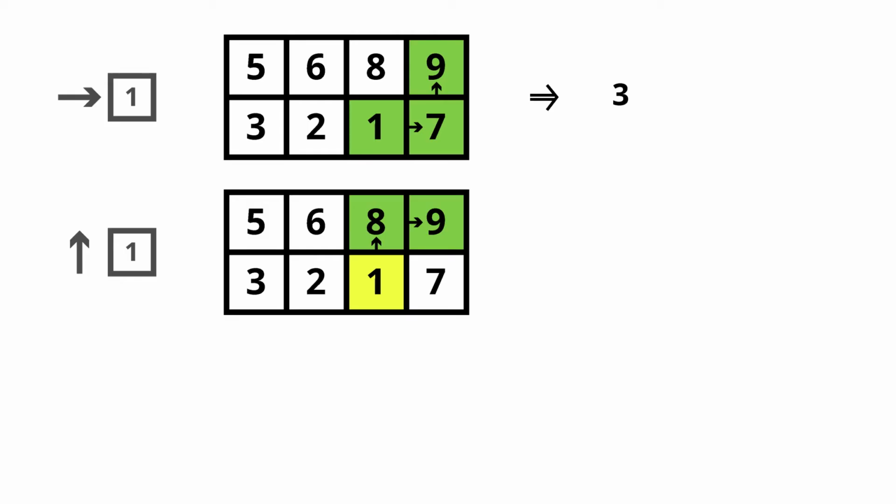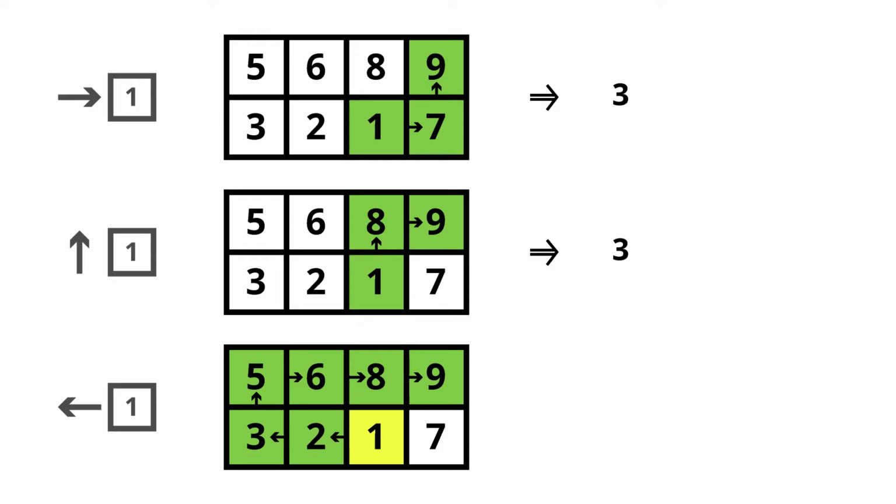If we have moved upward, in that case, then the length of the path for cell 1 will be 1 plus the longest path from cell 8, that is 1 plus 2 gives 3. And lastly, if we have moved towards the left, then the length of the path will be 1 plus the longest path from the cell 2, which is 1 plus 6 equals 7.